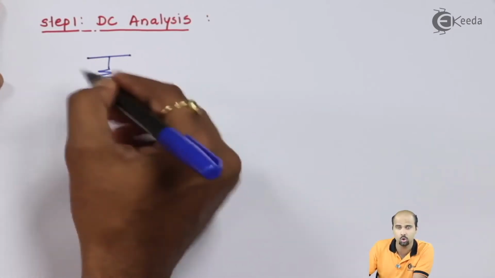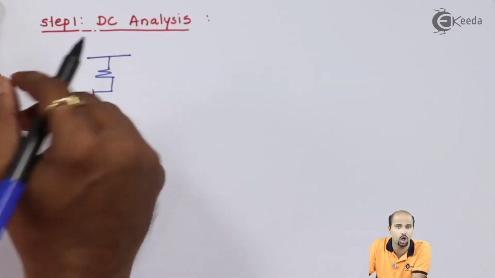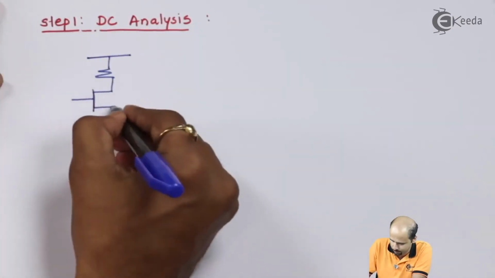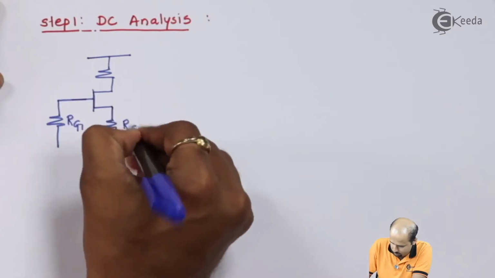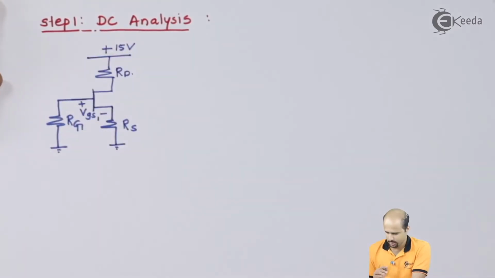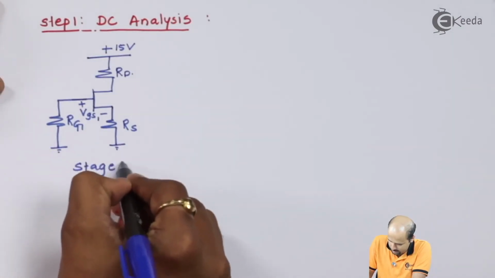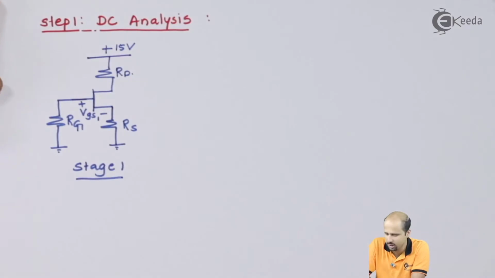Here the two stages are independent of each other but not identical, so mind well. We'll note this as stage number 1, and then further we'll find out the parameters for stage number 2 also.